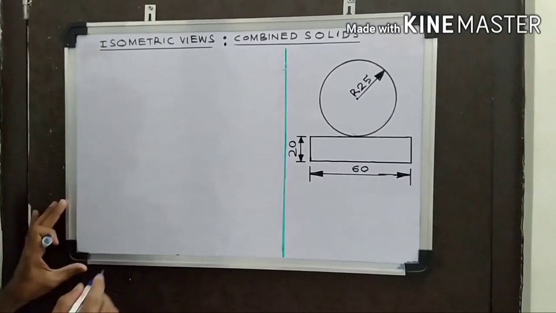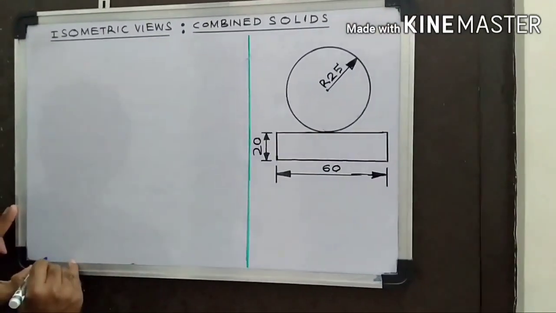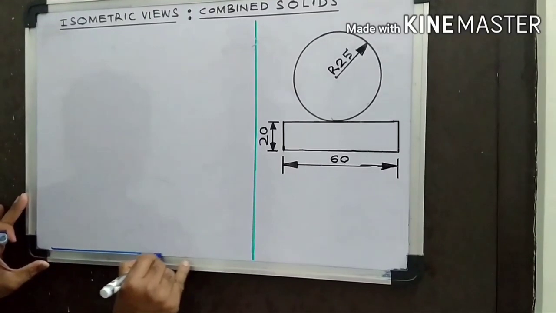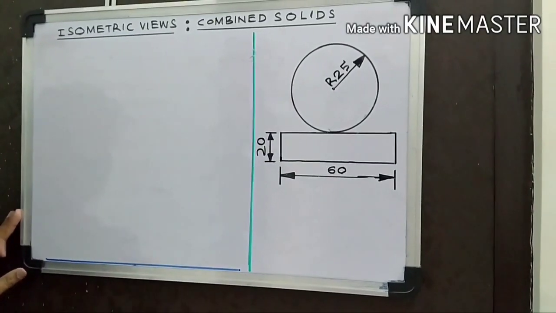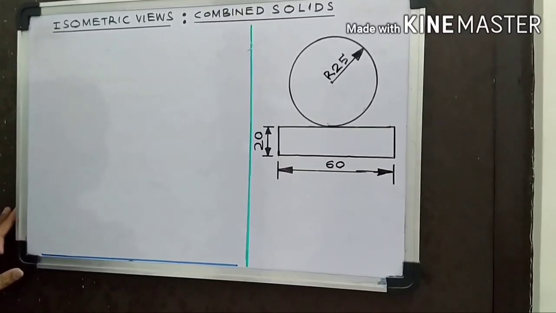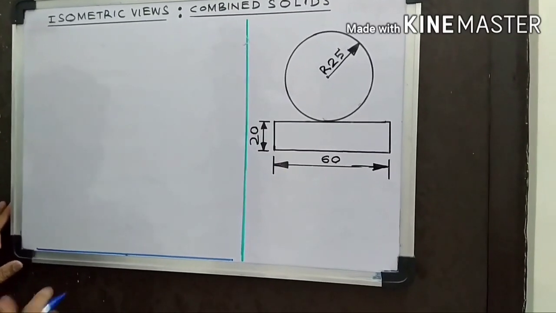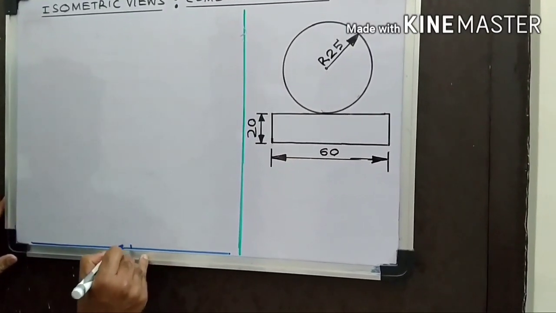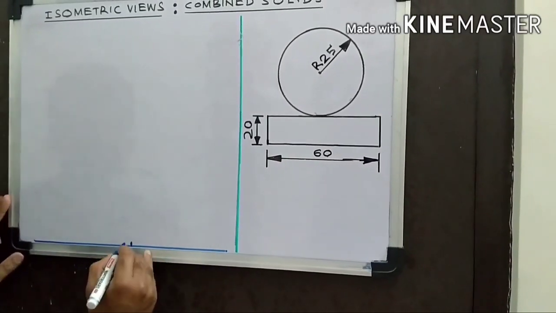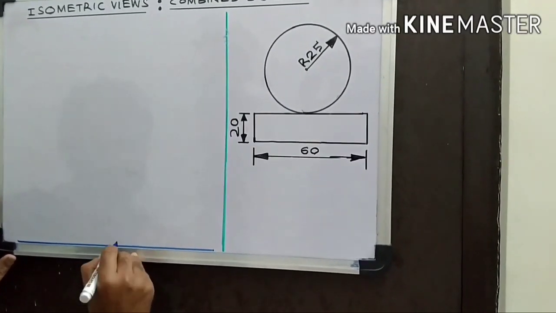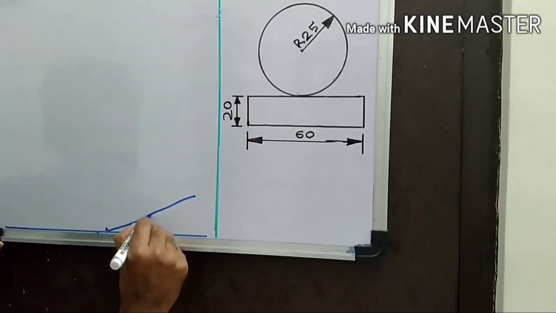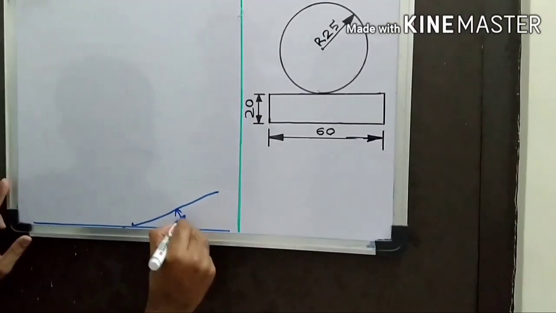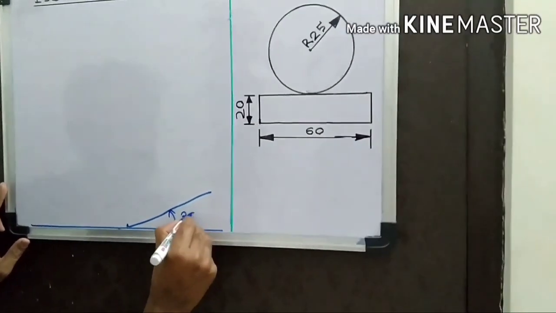Solution for the problem. Draw a horizontal line first. On this horizontal line, I am drawing the isometric axes. Locate a point. From this point, draw an inclined line making an angle of 30 degrees.